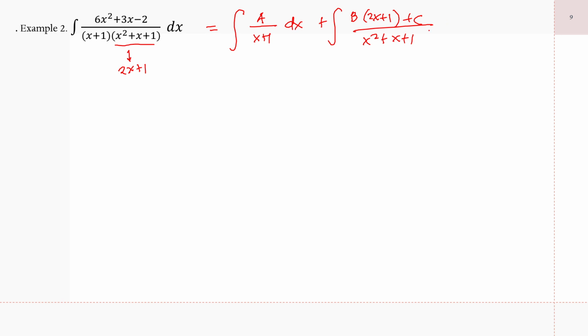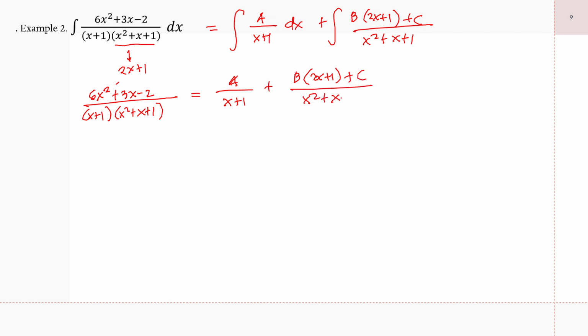Okay, so we could transform this into a sum of partial fractions. Using method 2, 6x squared plus 3x minus 2 over (x plus 1)(x squared plus x plus 1) is equal to a over x plus 1, plus b(2x plus 1) plus c over x squared plus x plus 1.